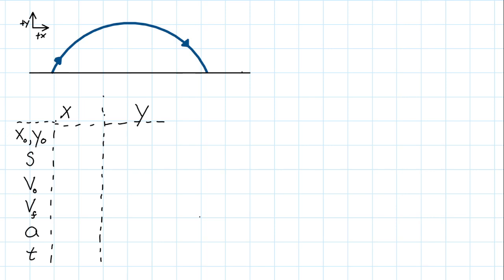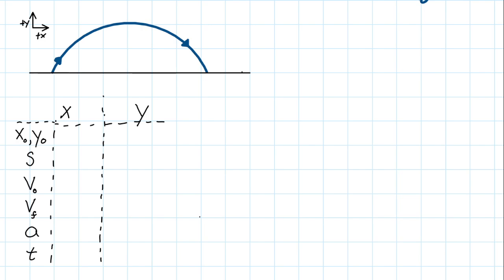You're either going to be using S equals V naught T plus 1/2 A T squared, or you're going to be using V squared equals V naught squared plus 2AS. And there was another equation that was in the video that is specific to certain situations, and we have to be careful about just using it carte blanche. And there's a reason I didn't give it to you guys for this problem.